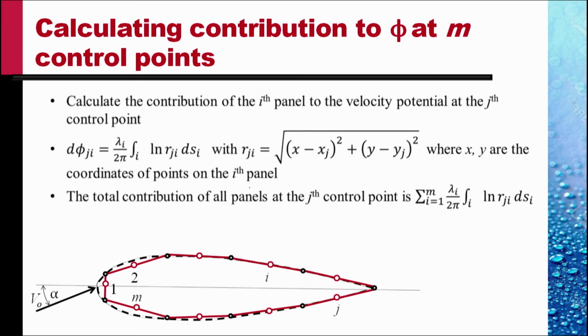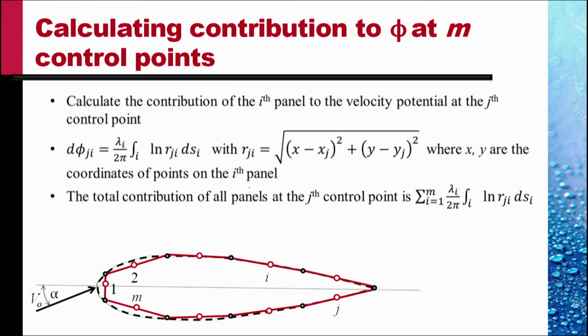That is, we find out del phi ji at the jth control point because of the ith panel, equal to lambda i, the strength of the ith panel, divided by twice pi, integration over all i's of ln r ji into ds i, where r ji is under the root x minus xj whole square plus y minus yj whole square, where x and y could be xi and yi.